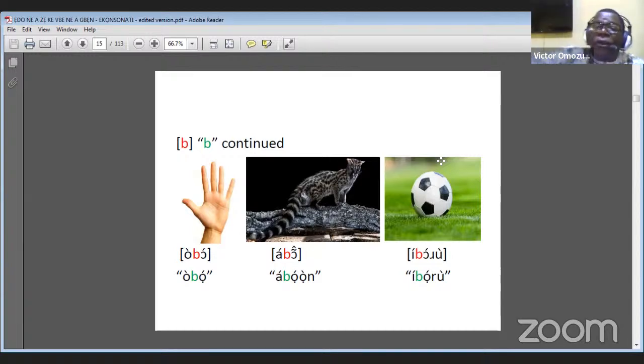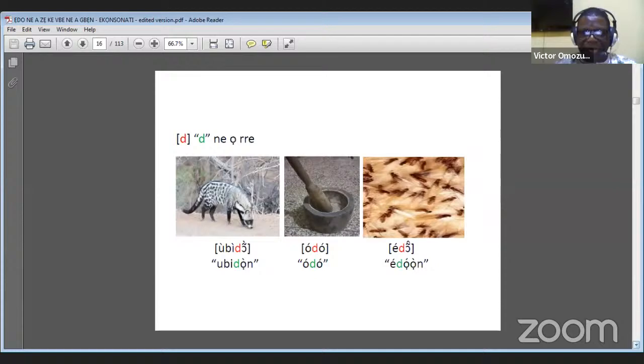So Edo adapted that word ball by opening the syllable. The L becomes R, and then U is added. So you now have ibolu. I hope it's clear. Let me continue. Then we can dwell on that later.